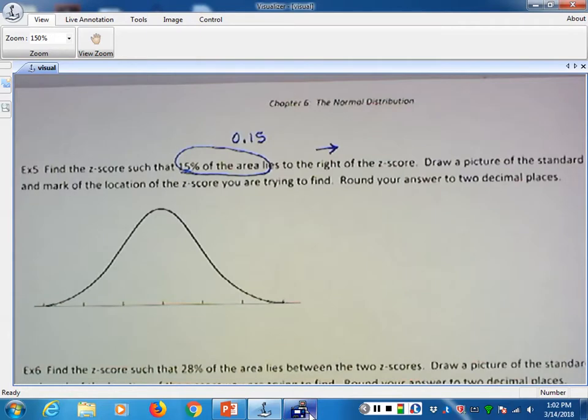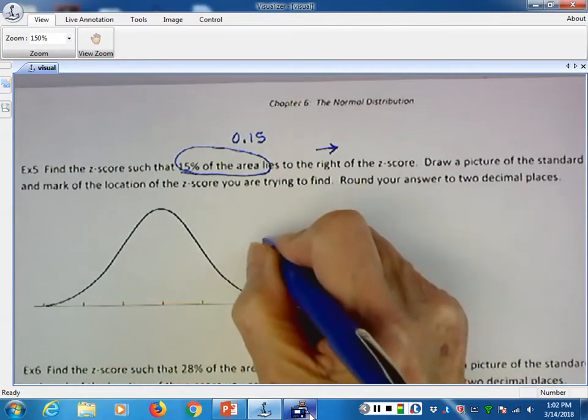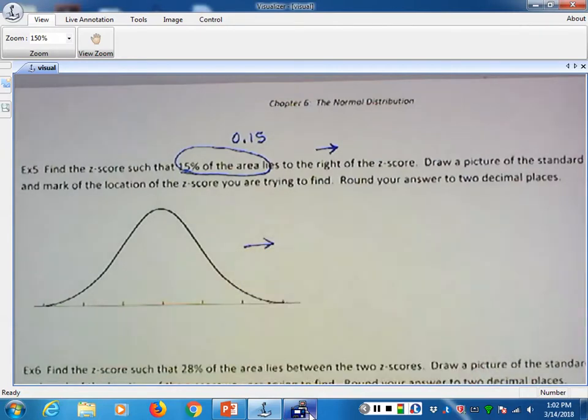So if I'm going to put 15%, it's going to be to the right of the z-score. That means it's going to be on this end because it's to the right. And I need to figure out what about 15% is.